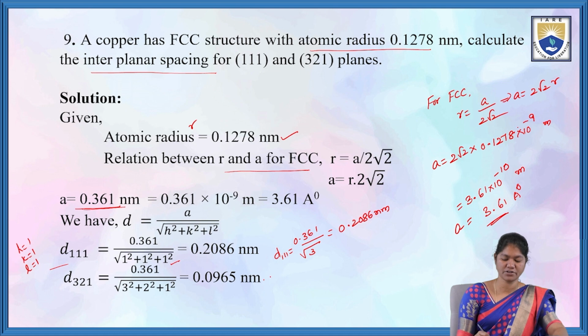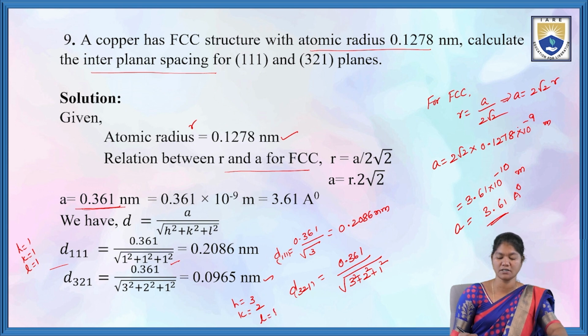Now for the second, the D321 plane, it equals A, which is 0.361, divided by root of 3 square plus 2 square plus 1 square, as H equals 3, K equals 2, L equals 1.